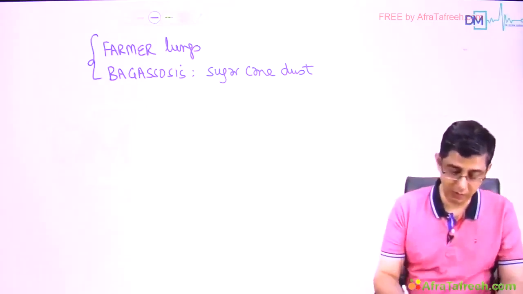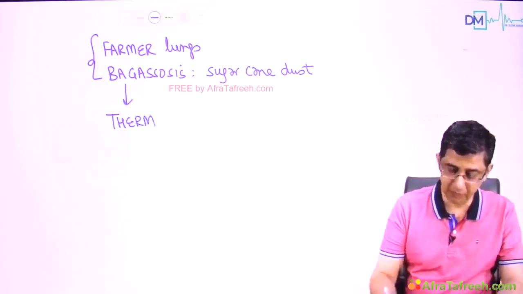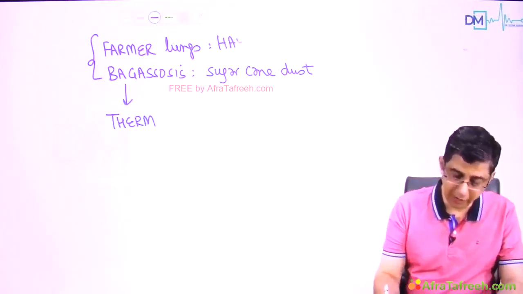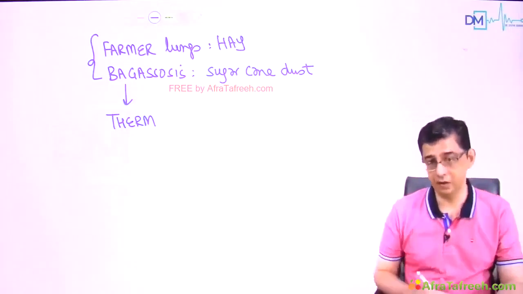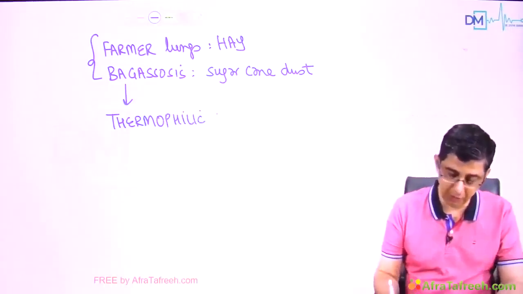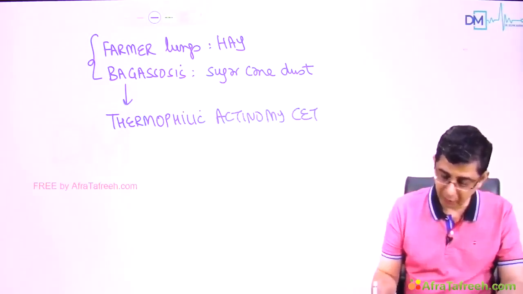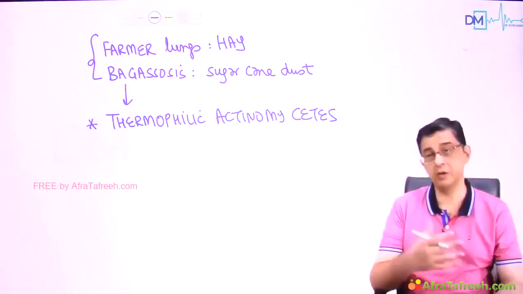So in both of these conditions, the fungus that is involved, in farmer's lung, the surface of the hay, the dried grass, would be having this fungus, and on sugarcane dust also the fungus that would be growing is thermophilic actinomycetes. This thermophilic actinomycetes is the one, the fungus I'm talking about.